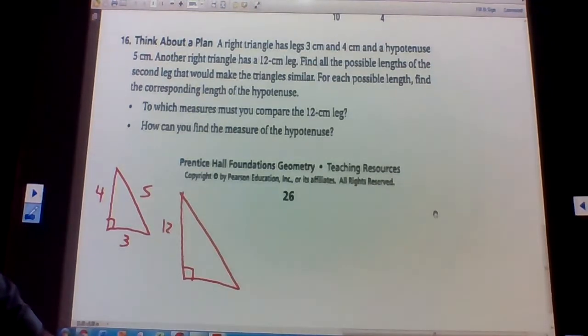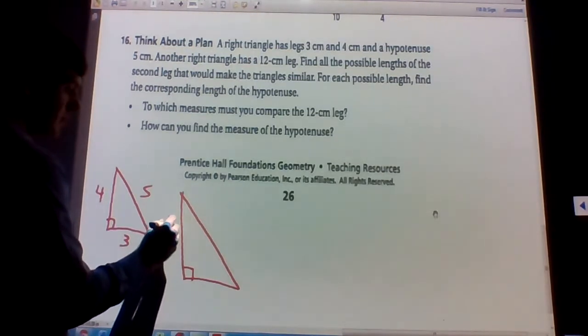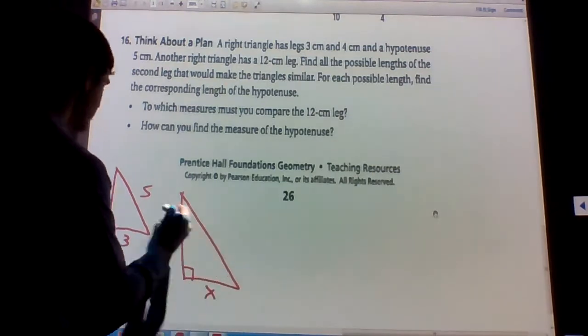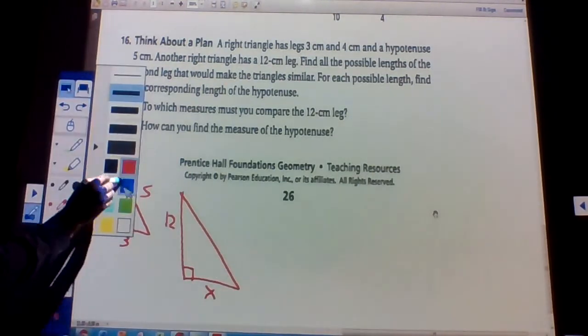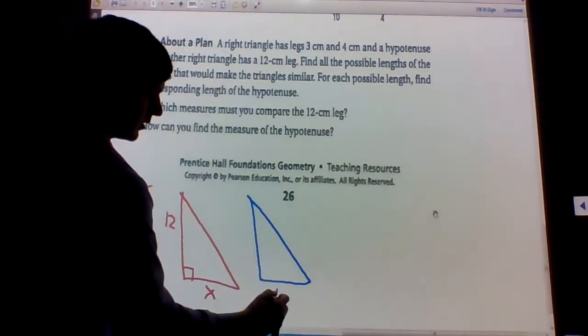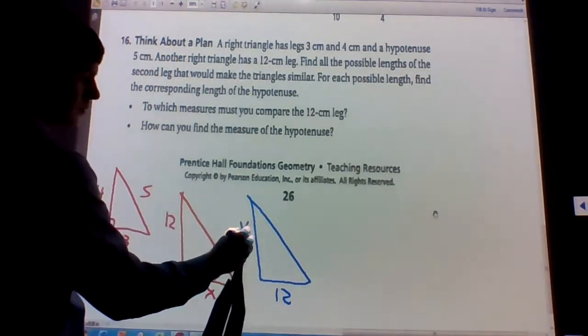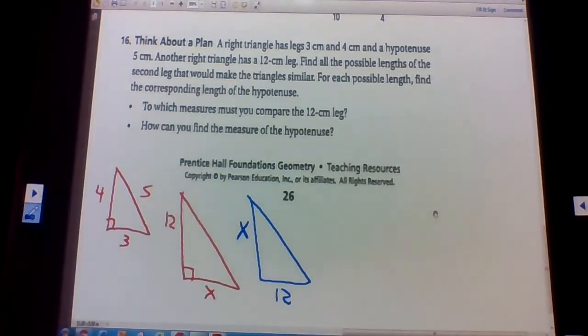For each possible length, find the corresponding hypotenuse. Okay, so we could have 2 scenarios here. 12 could be the long side, or 12 could be the short side. So this is just like the last one with the rug, the largest rug and the shortest rug. We just have to check both scenarios.